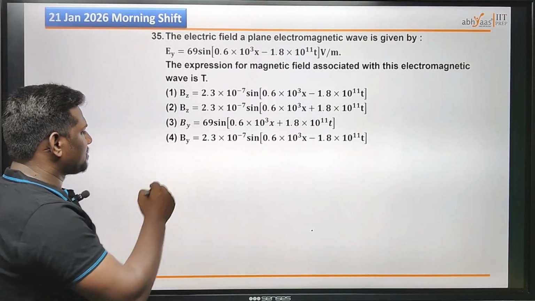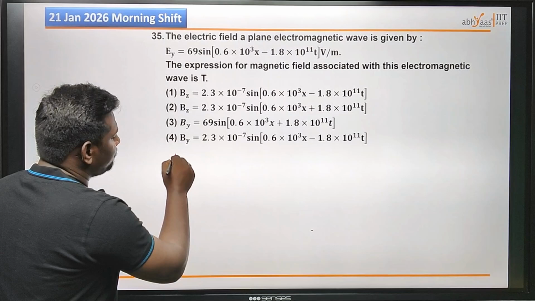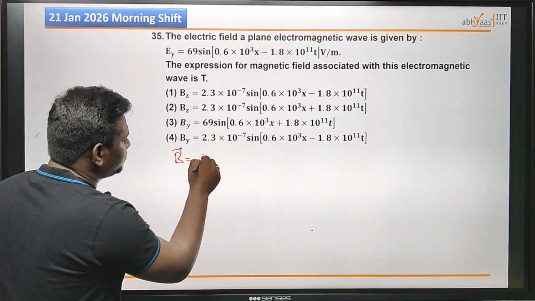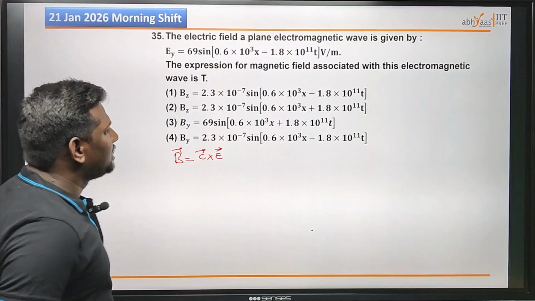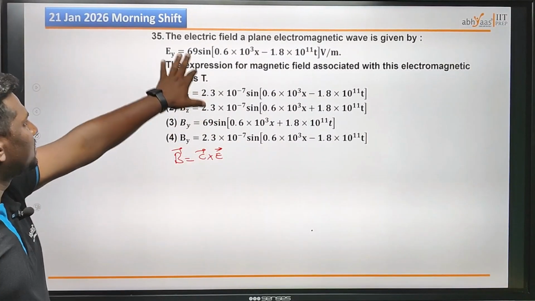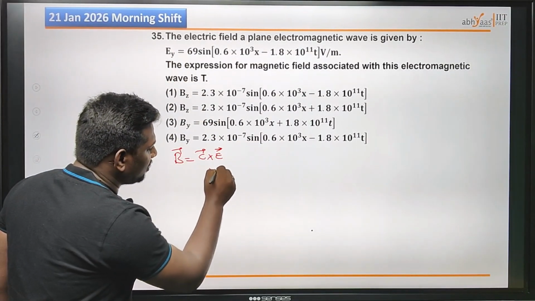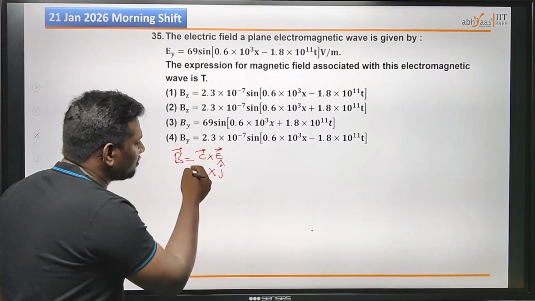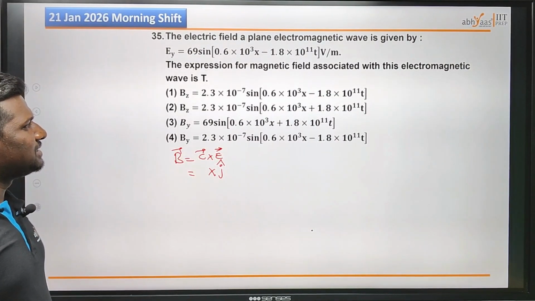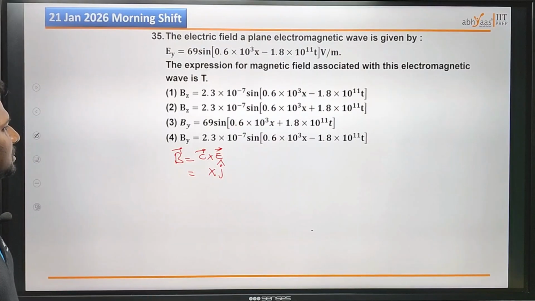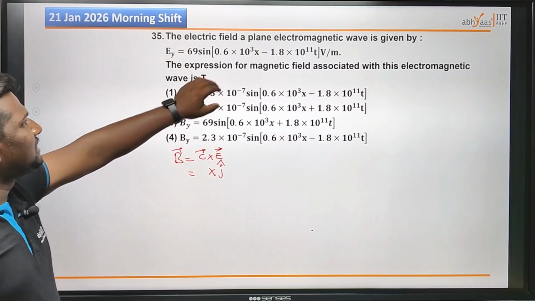So we know the formula, B bar equals C bar cross E bar. E bar they have given, that is along J cap. What about C bar? C bar is along the direction of propagation, that is nothing but the x axis.